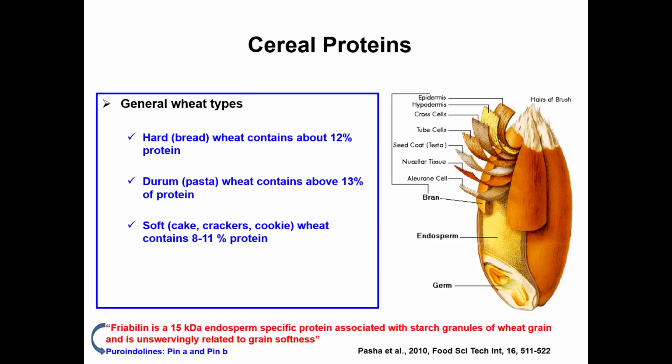If they are knocked out, they're not genetically available, then the wheat is either hard or durum. So they're kind of important because there are a lot of studies where they try to take soft wheat and they knock out the puroindoline, and that variety becomes hard. So it's used a lot in breeding.